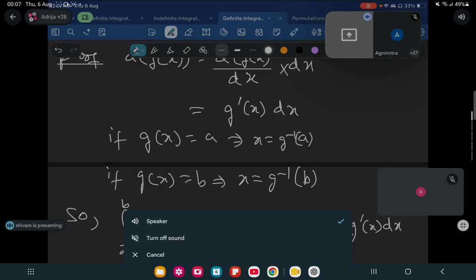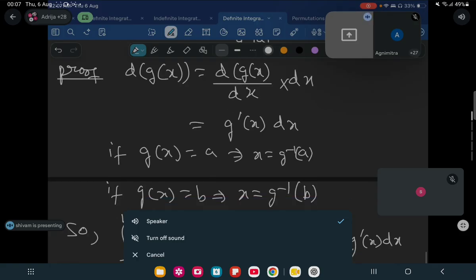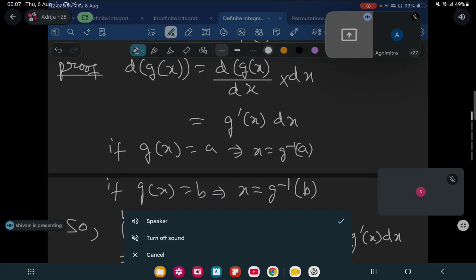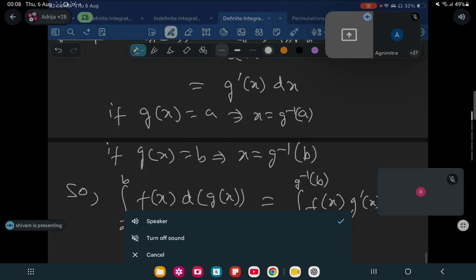And then we have to substitute the limits: as g of x equal to a, x equal to g inverse a, and as g of x equal to b, x equal to g inverse b. Tell me, are people getting it? Anyone having any doubt, you can ask me.